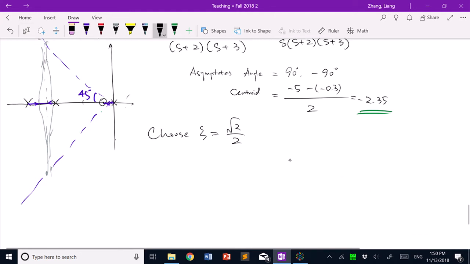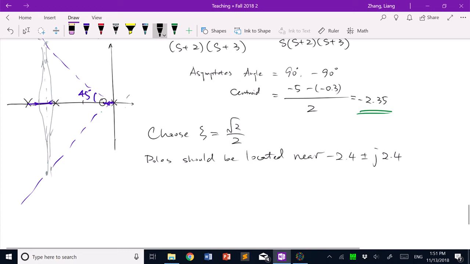So if it's 2.35, we can just round up the number. Let's say the poles should be located near negative 2.4 plus minus j 2.4.